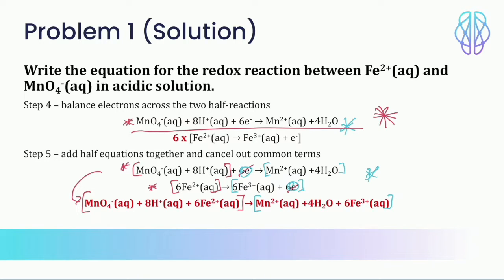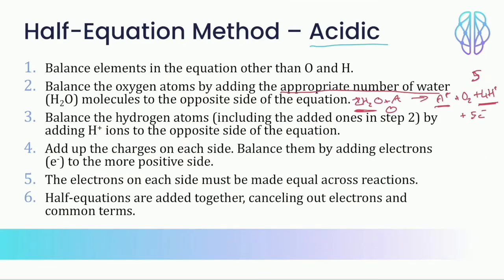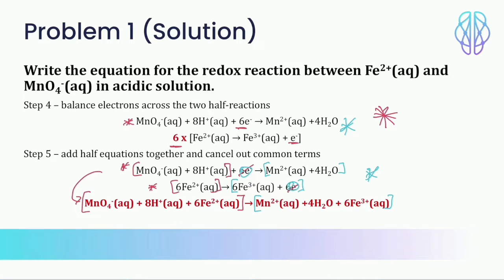But our iron, on the other hand, comes balanced as well, but we see that it doesn't have the same number of electrons across them originally. So that's why we have to balance it by multiplying one of our reactions by a common factor. And our common factor is 6. And that's what step 5 refers to. And then step 6, half equations are added together, cancelling out electrons and common terms. So that's this step here.